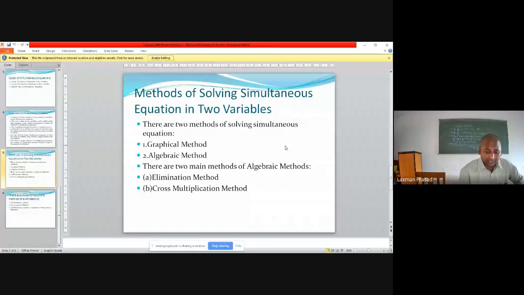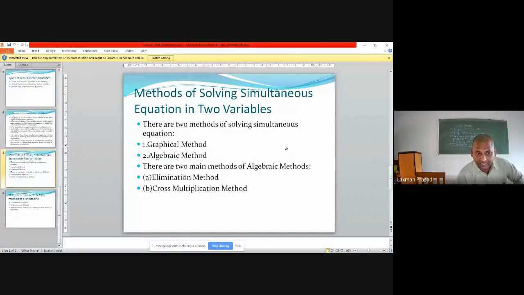In algebraic method, see again, there is an elimination method. In elimination method, if there is an equation like 2x minus 3y equals to 3, or 4x minus y equals to 11, like this. So you eliminate any one of them, x or y, while multiplying. So eliminate one value.